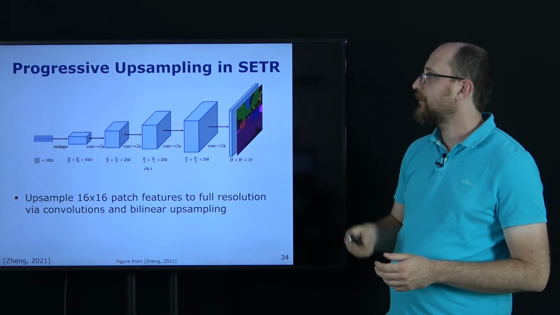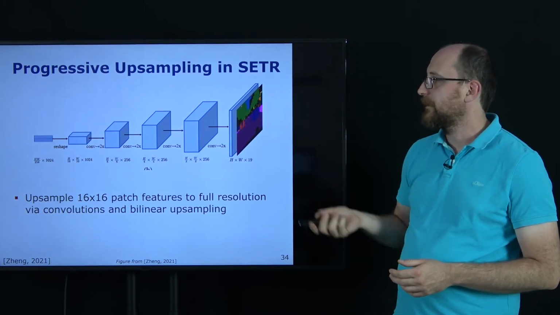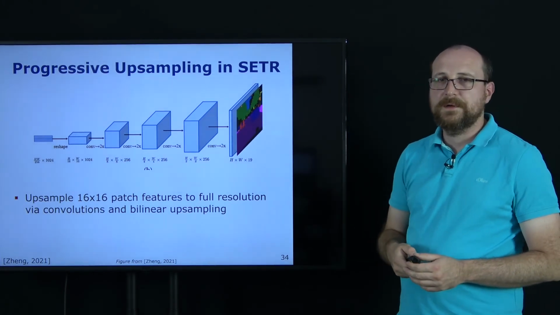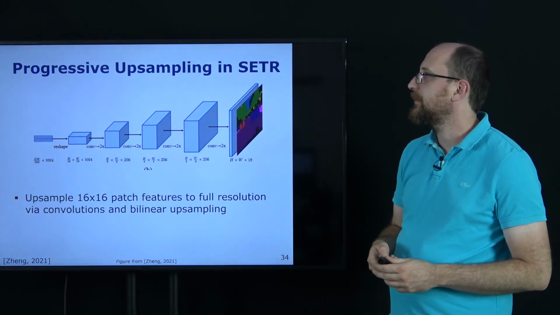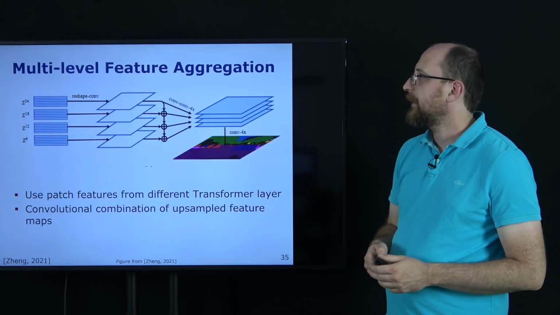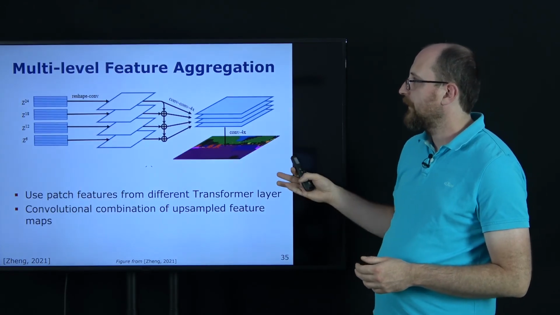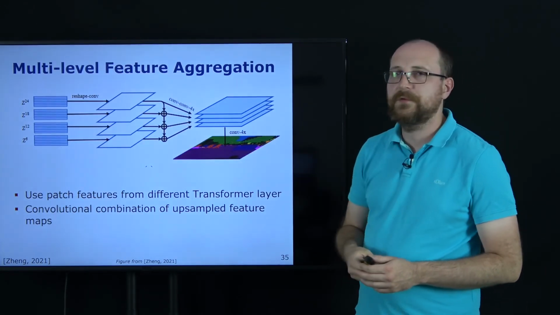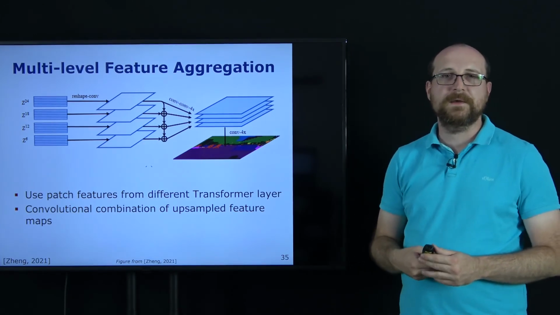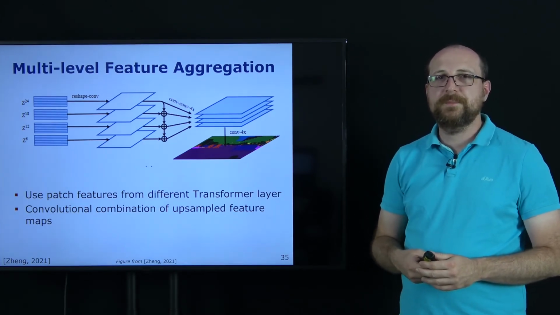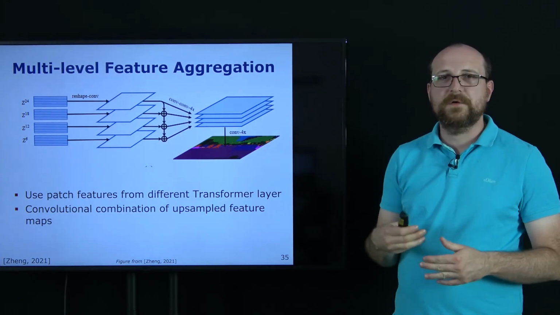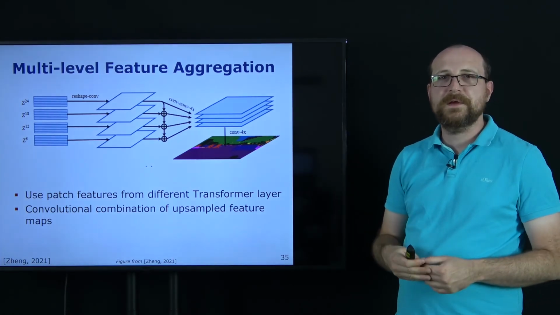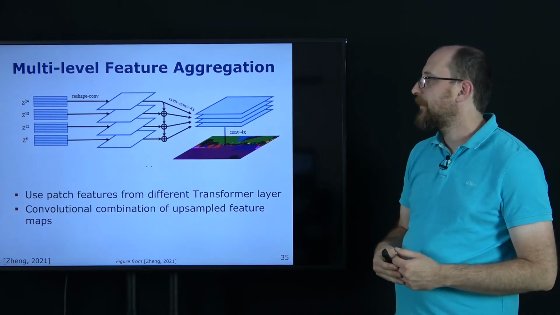So this was the so-called progressive upsampling, or, as it's called in the result table that we will have a look at, the PUP. And then they also propose to use an idea like in the feature pyramid networks, where you use the feature representations that also come out of intermediate layers of the transformer architecture.